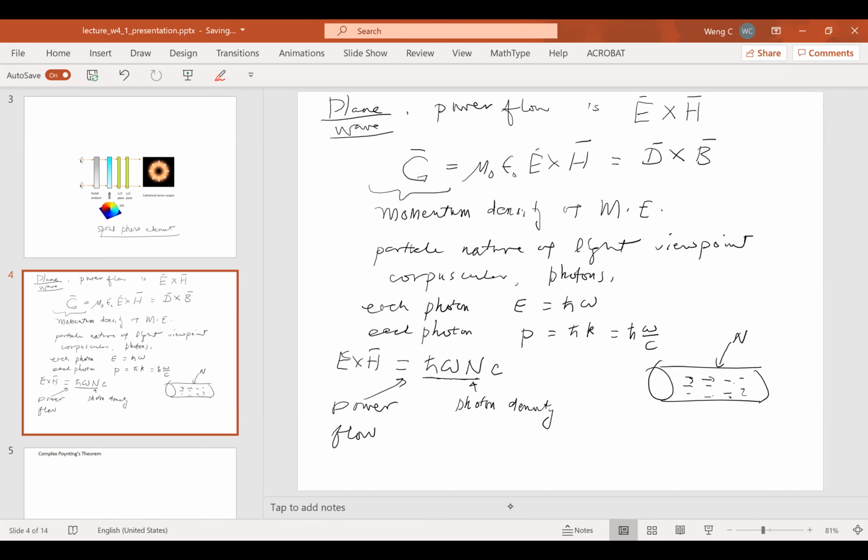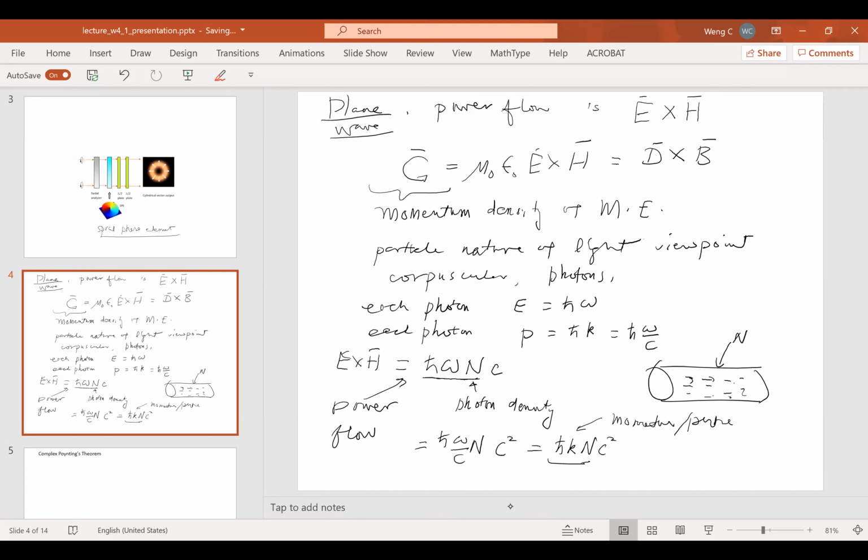Okay, so from this very simple formula, you can see that using the fact that this is also h bar omega over c times n times c squared, and this is just h bar k times n times c squared, and this would be momentum per particle. And momentum per particle times n gives you the momentum density.